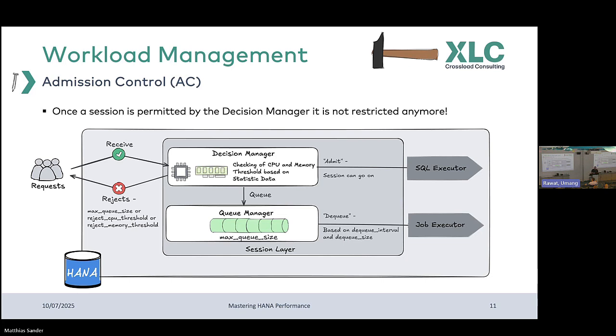At this point the decision is made whether the request is admitted, so SQL execution takes place and everything is running, or whether it gets queued to the queue manager, which progresses it afterwards when enough resources are free, or whether a reject really happens on the first level.